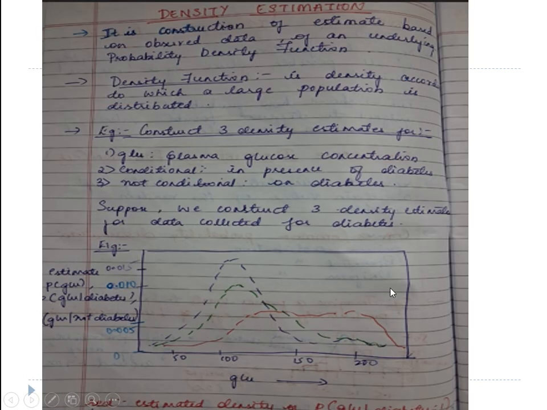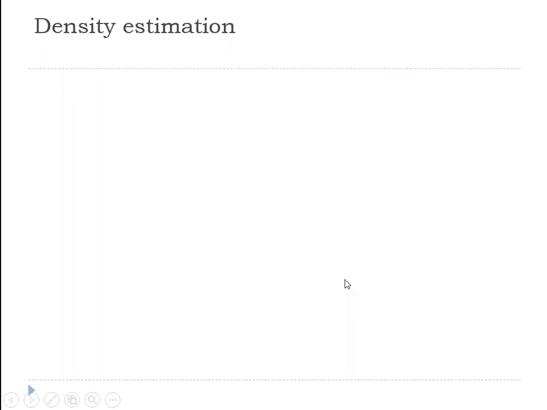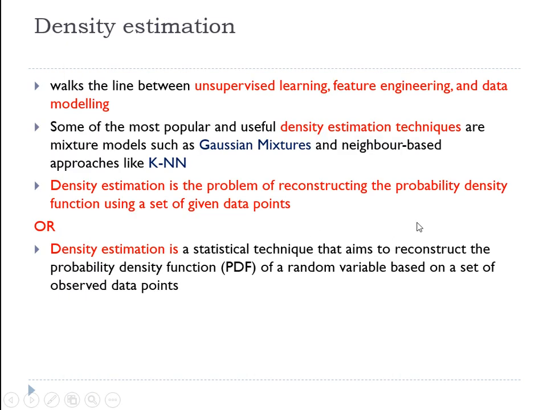So what is density estimation? We are trying to reconstruct the PDF, the probability density function, using a set of given data points. Or another definition: density estimation is a statistical technique that aims to reconstruct the PDF for a random variable based on a set of observed data points.